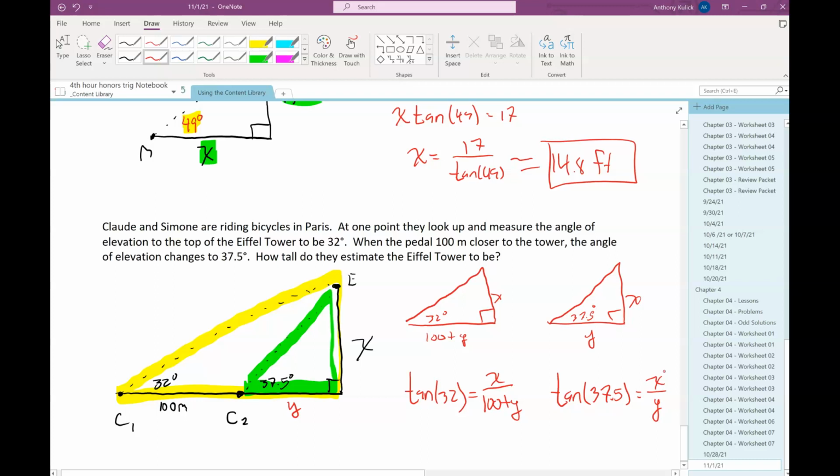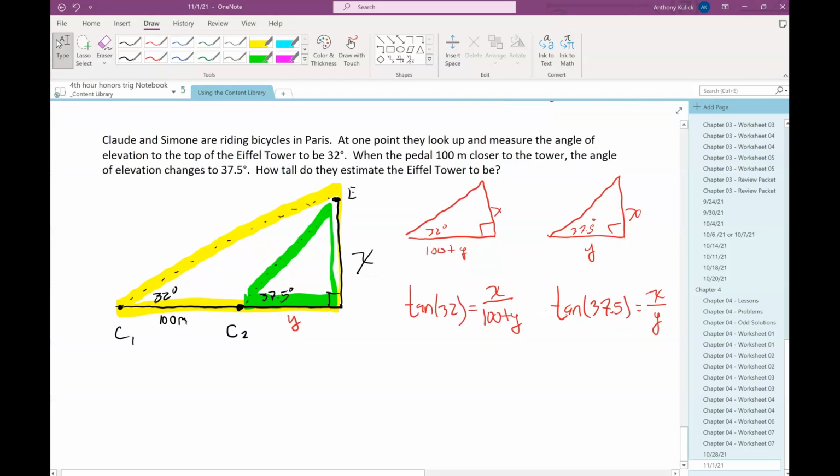Now, when I look at this, computationally, I'd prefer to solve for x directly here rather than finding y first, because really the answer I care about is x. The problem is that algebraically it's going to be kind of a pain to solve for x first. So I'm going to end up solving for y first. I think it's easier that way.